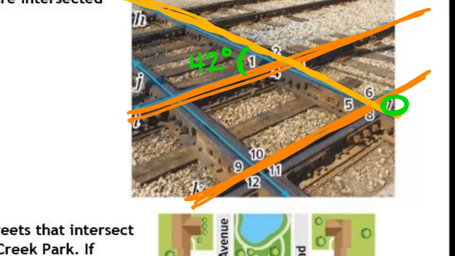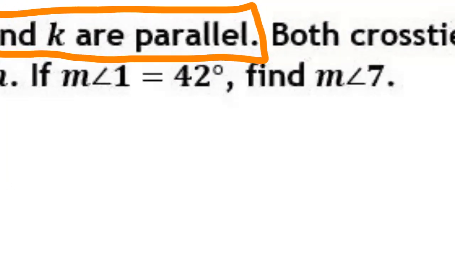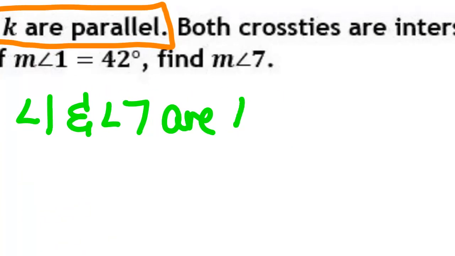Are they on the same side or the opposite sides of this yellow transversal? Opposite sides. So what kind of angles would we call those? Alternate exterior angles. Can you guys see that green okay? Is that all right? Okay. Angle 1 and angle 7 are alternate exterior angles.